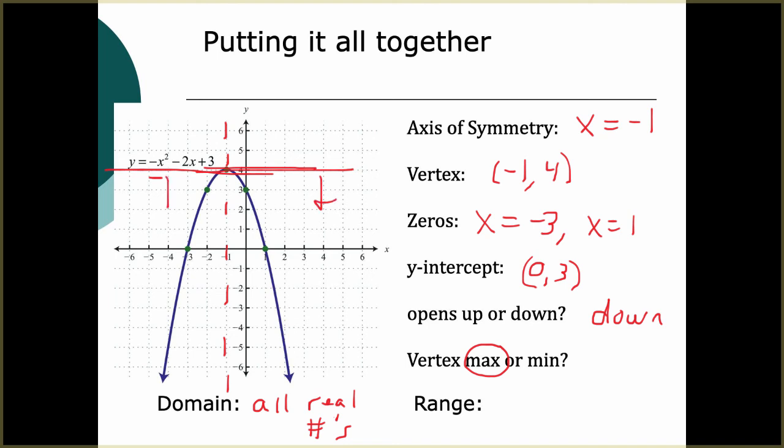So in this case, my range, my y values have to be less than or equal to the vertex, so our range is y is less than or equal to 4, because that is the coordinate from my vertex. You guys might remember doing this when we did absolute value functions. When we had the vertex, we use that for our range value.